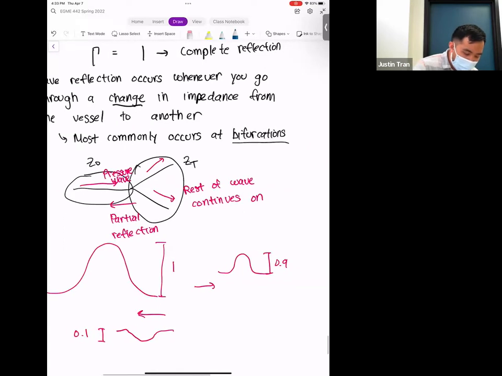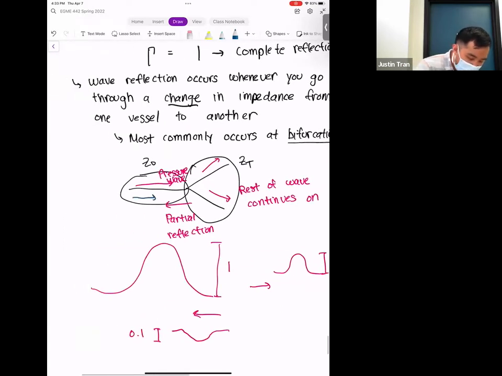The flow that's coming in here is going to be impeded by this pressure wave that reflects back.